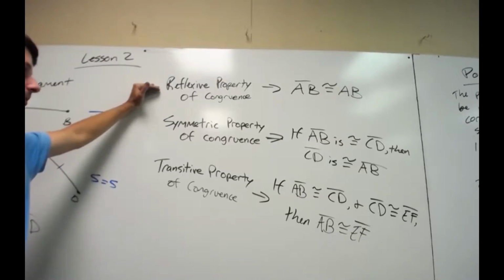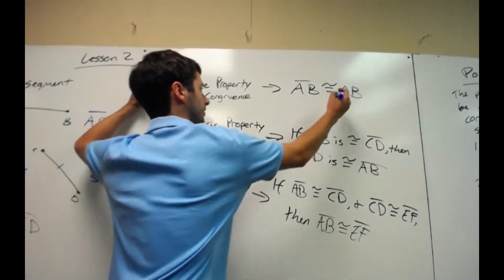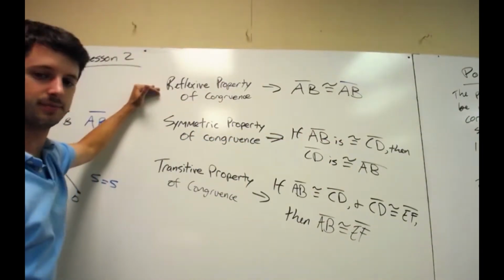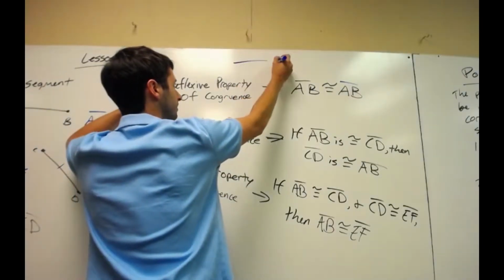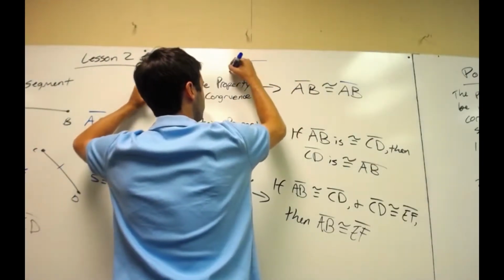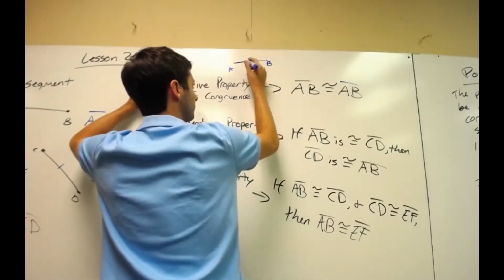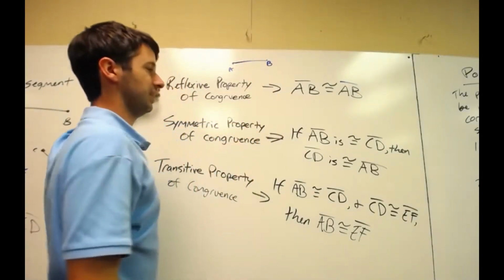The first property is the reflexive property of congruence, and that is just saying AB is congruent to AB. So if you have a line, AB is congruent to itself.